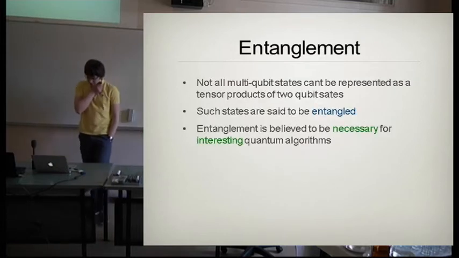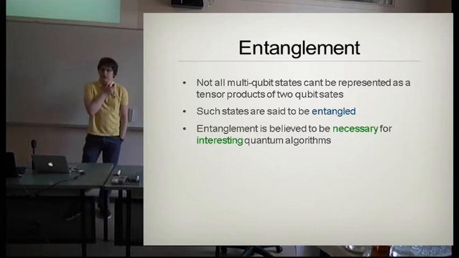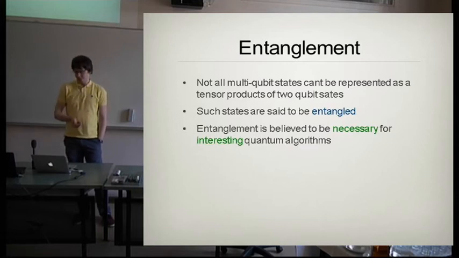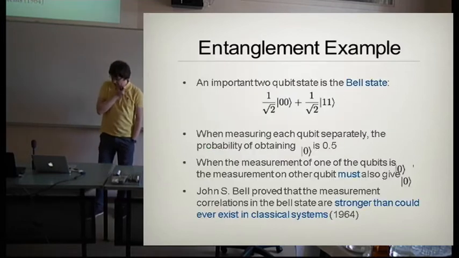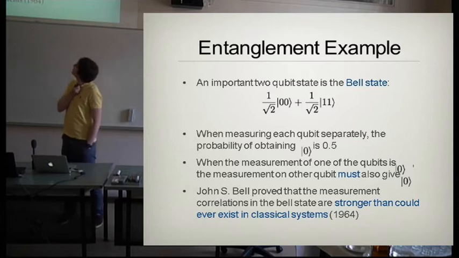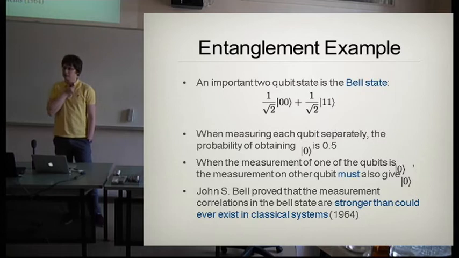Now, not all of the quantum states can be represented as tensor products, and those which cannot are said to be entangled. And entanglement is believed to be necessary for interesting quantum algorithms. So, a simple example of two entangled qubits is the Bell state, where we see that the probability of measuring 0 or 1 on either of the qubits is exactly half.